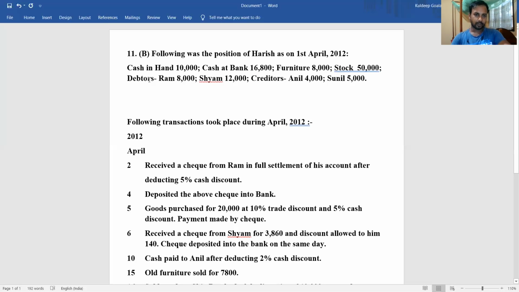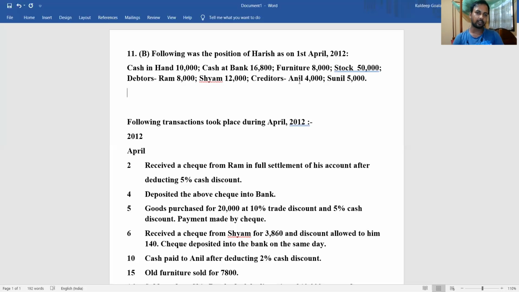Then debtors. Debtor means the persons who are supposed to pay us, the amount of money that we are going to receive from them. So that amount of money is also our asset, so debtors are also our asset. Again at last, creditors. Creditors are our liability, the amount of dues that we are supposed to pay.